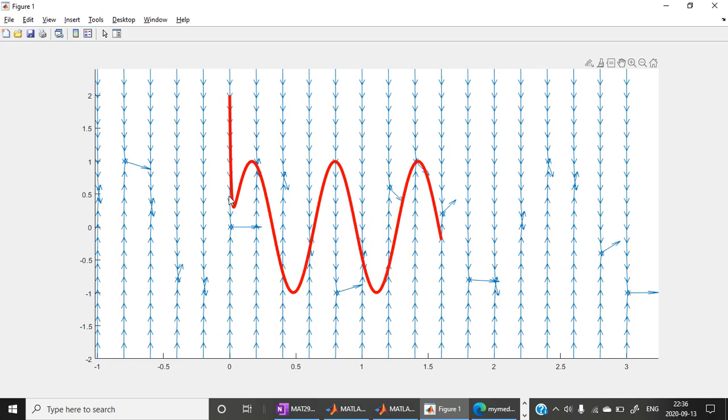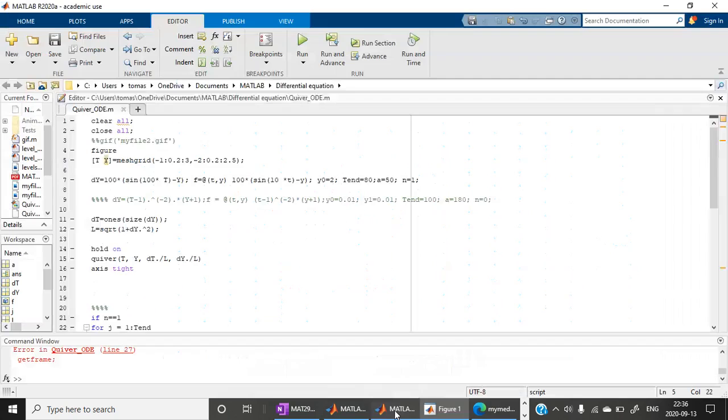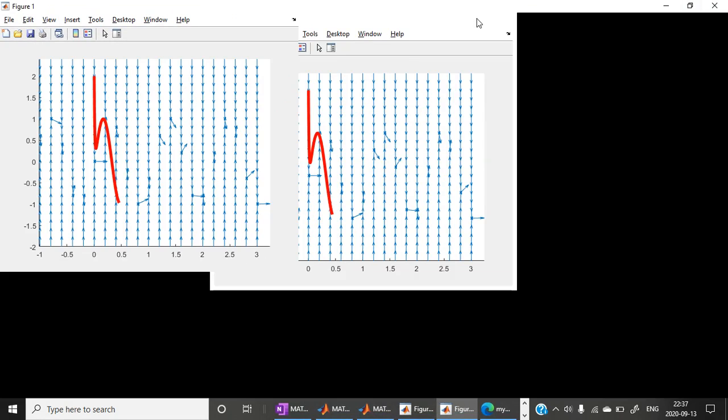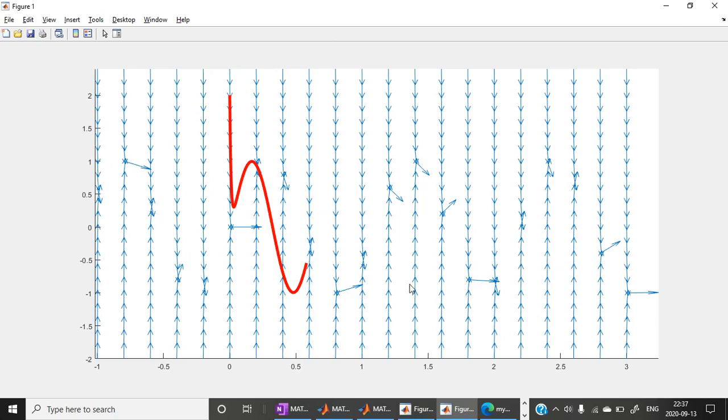So this is the exponential, and then we have the periodic part. Okay. So let me run it one more time. And the arrows here represent the direction of the derivative. This one we will talk about later. This is called the direction field. And the solution has to follow the arrows. But more on that later.